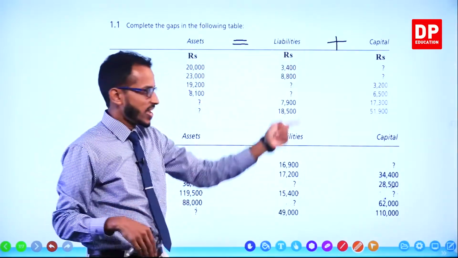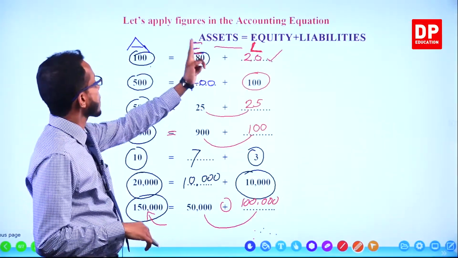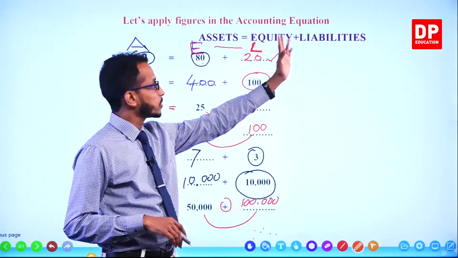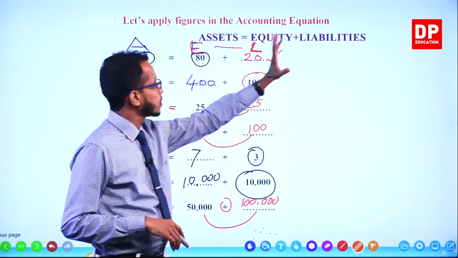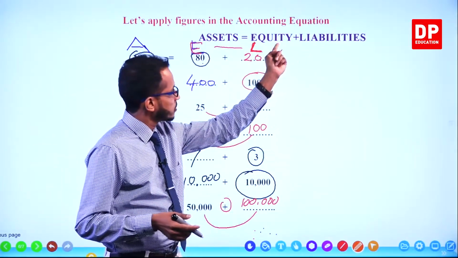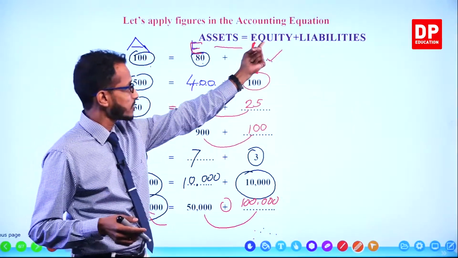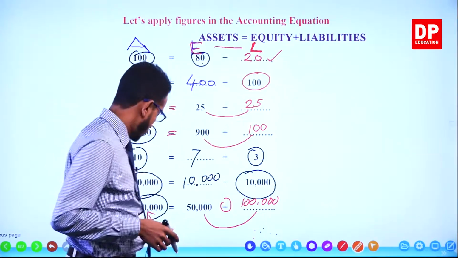Earlier we had assets equals equity plus liabilities. So equity was the first element, then liabilities. Equity means capital, we know that. So capital plus liabilities.